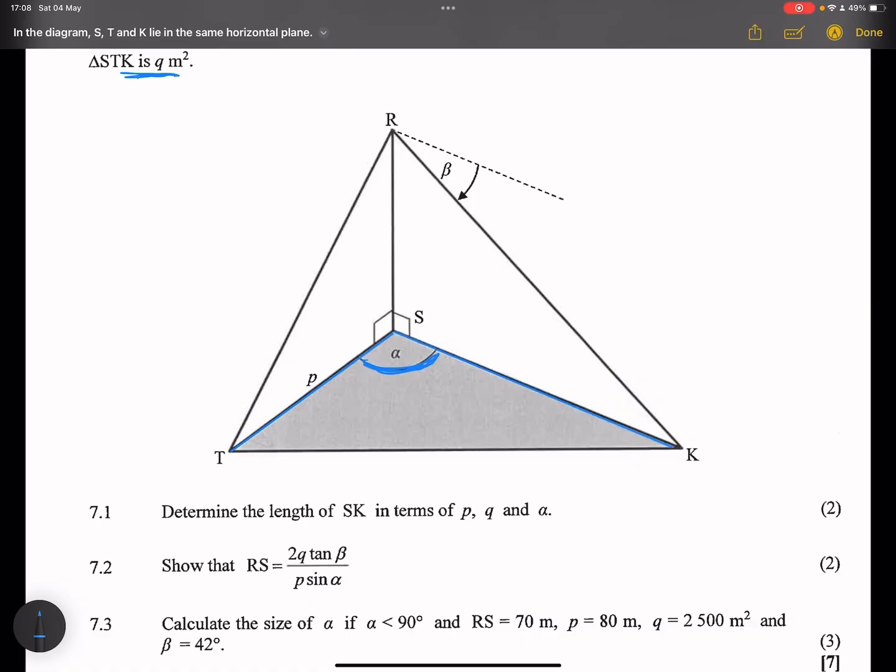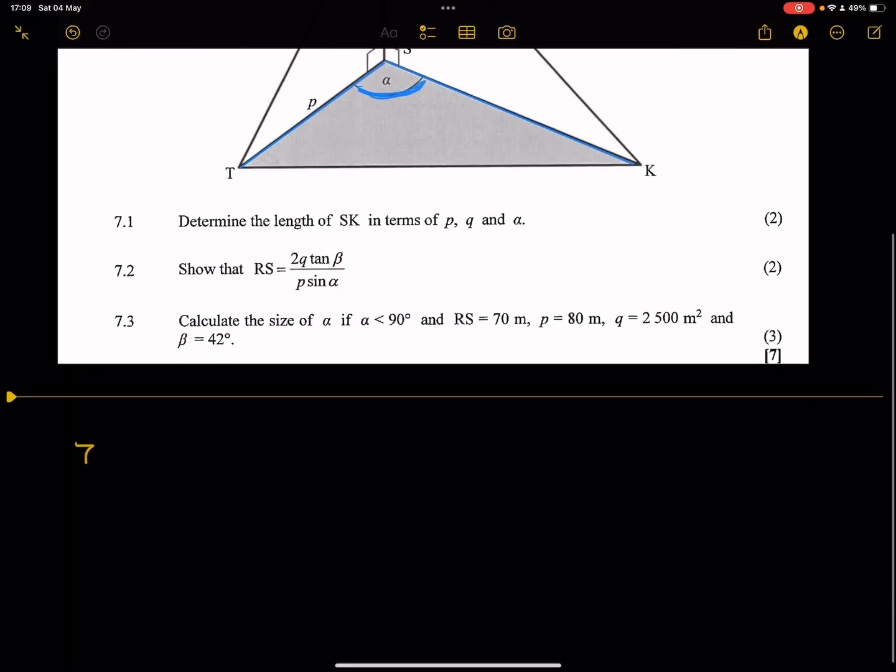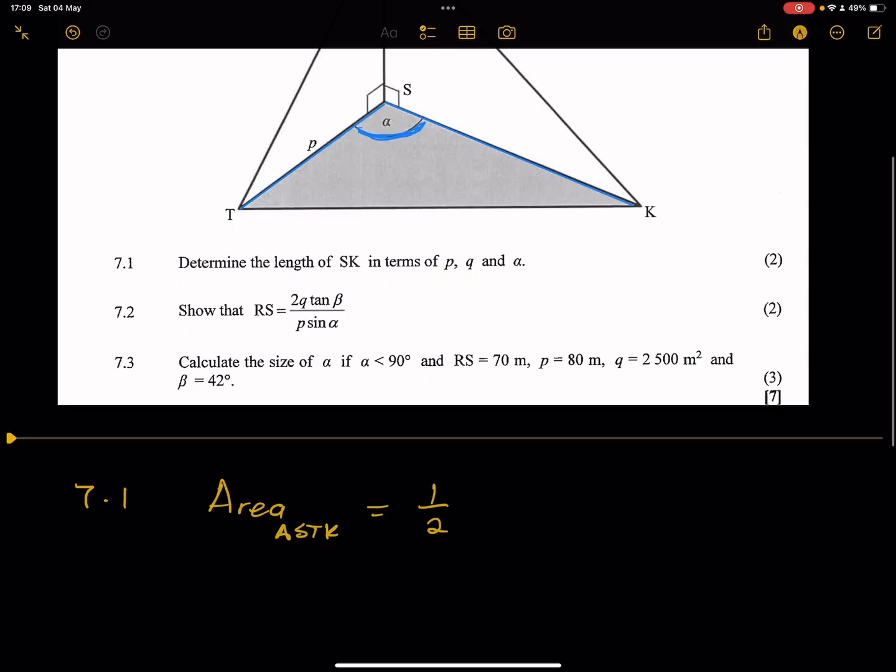So I'm going to use the area rule with those two sides. For 7.1, the area of triangle STK is equal to half of ST multiplied by SK, times the sine of angle alpha.